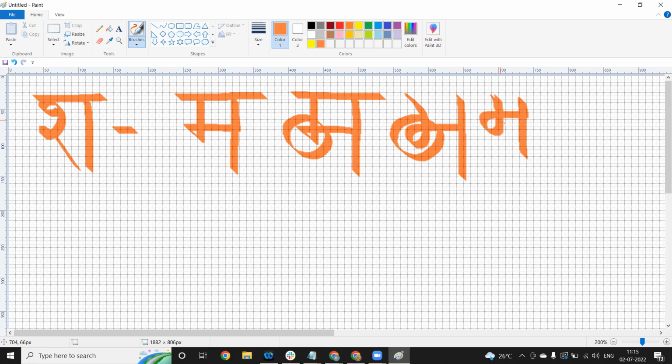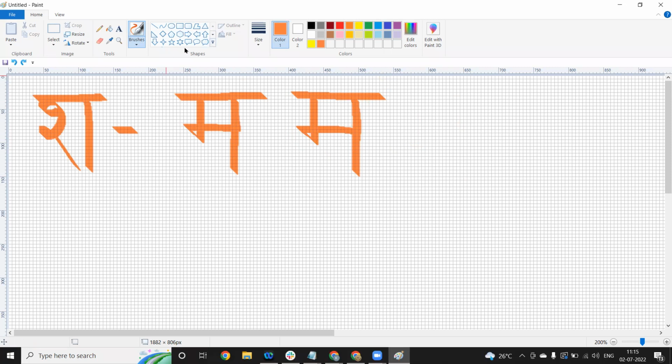So the only point of difference is this round on the left hand side. That is very important when you are drawing ma and sha. This is the clear difference. When you are drawing sha, make sure that it's a triangle here and not a round shape.